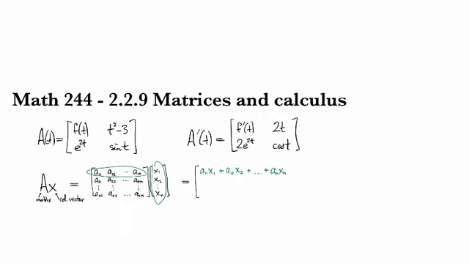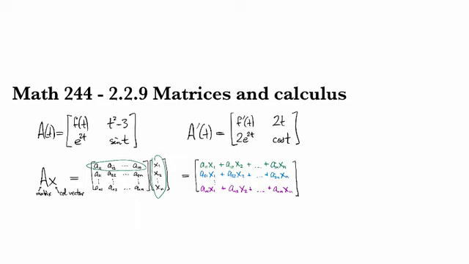And then similarly, we're going to get A21 x1 plus A22 x2 plus A2n xn, all the way down to An1, An2, Ann. So we have this guy.